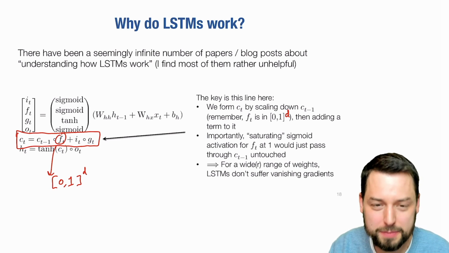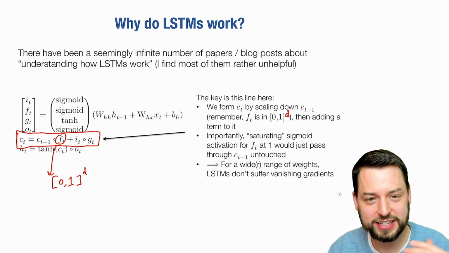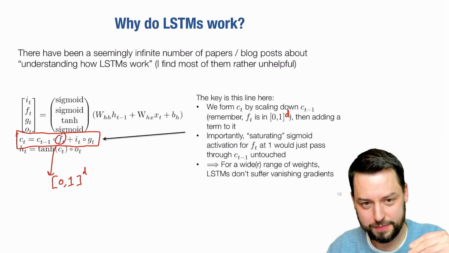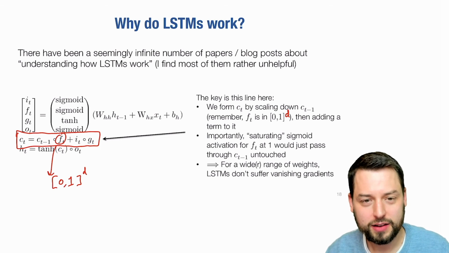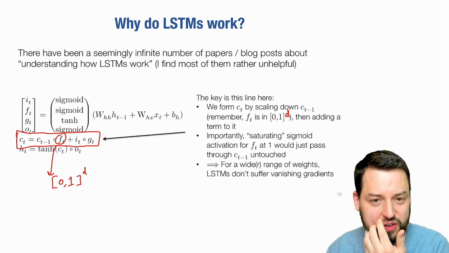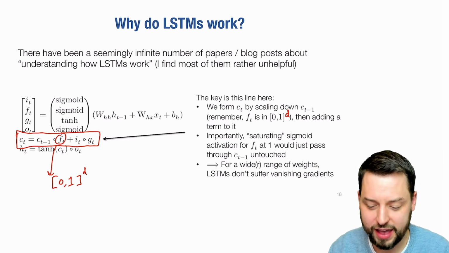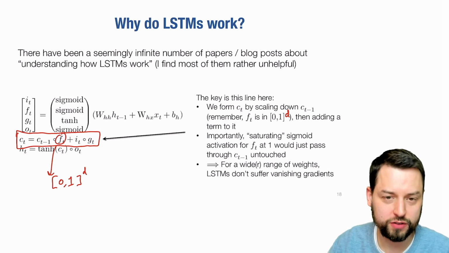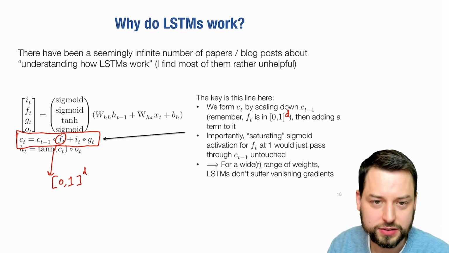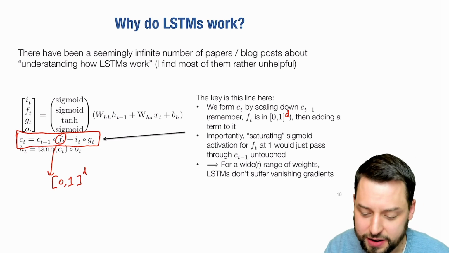But what we're doing is forming the next cell state as some scaling of the previous state. And importantly, with the proper weights, if ft is chosen such that it's close to 1, we're largely going to just keep around the past cell state.